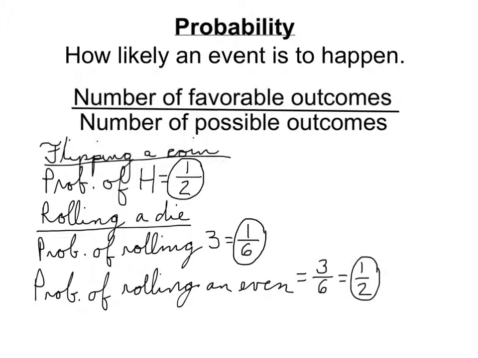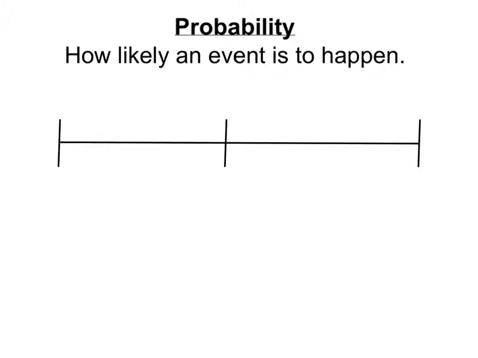Moving on in 3, 2, 1. All probabilities fall within 0 and 1. A probability of 0 means that the event is impossible. A probability of 1 means that the event is certain.